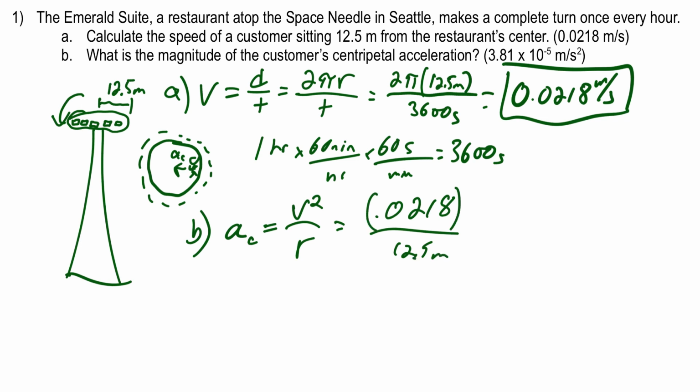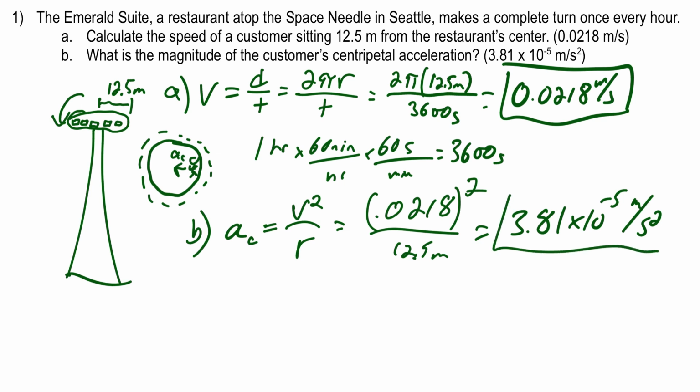Oops, I almost forgot. Super common mistake: forgetting to square. So square that and you get a very small number, 3.81 times 10 to the negative fifth. Again, super small number. If you've ever ridden on one of these, you don't even notice that you're accelerating.